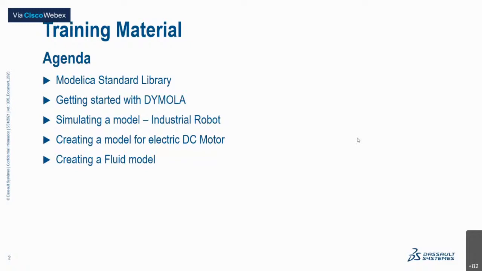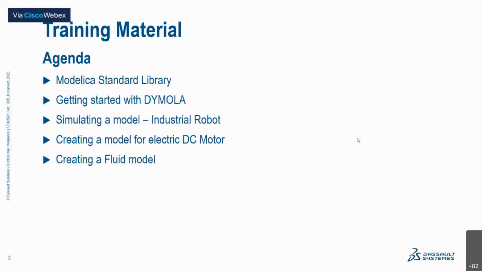Coming to the agenda for this session, we'll mainly talk about the Modelica standard library. DYMOLA is based upon a standard library of components, which is the Modelica standard library, and these components are built using the Modelica language. Next, we'll cover the basics of the DYMOLA UI.